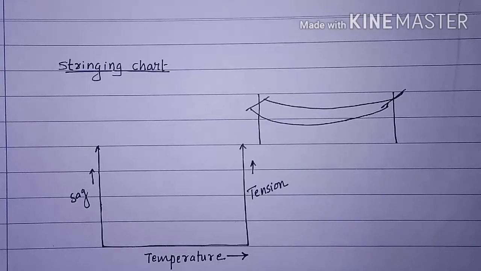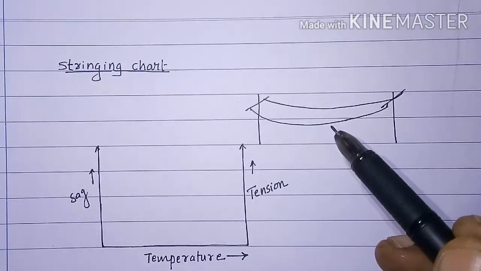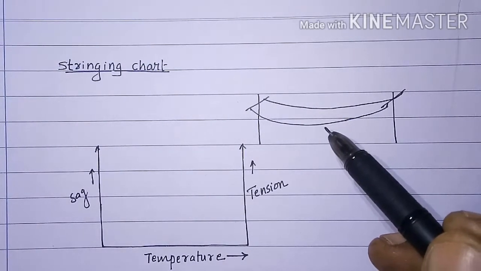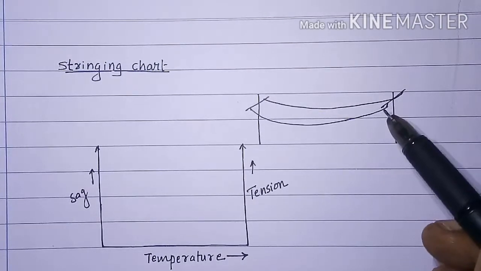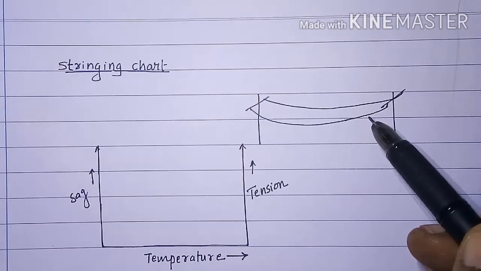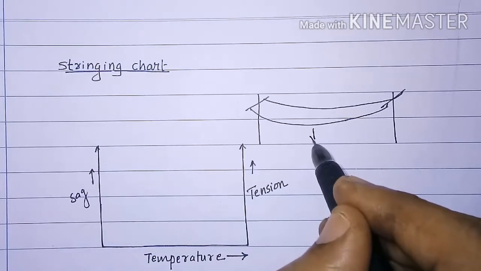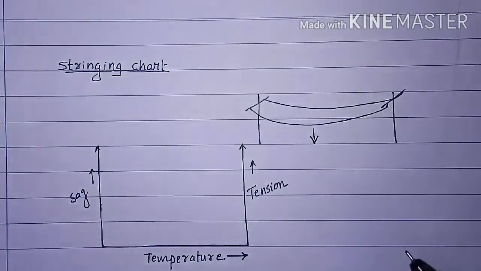Here we must understand that a conductor is made up of metal, maybe aluminum, copper, steel, etc. When it is subjected to an increase in temperature, the conductor elongates, and hence between the supports the conductor will come down.